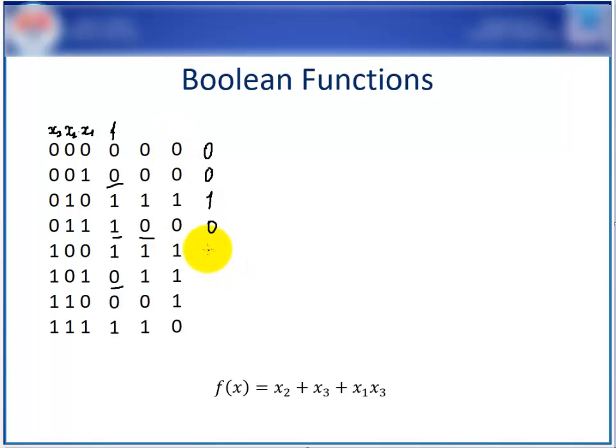This XOR gives us 1. To calculate this value, we are going to XOR this bit with this bit, which gives us 1. Next, we XOR the 1 bit with again 1 bit, which gives us 0. The XOR of the last 2 bits results in 0.